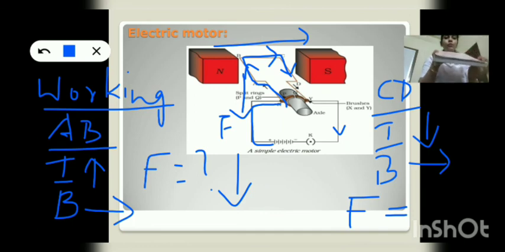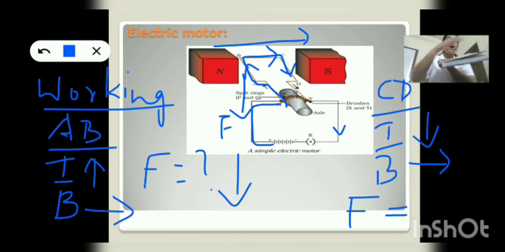At the same time, CD moves upwards. So AB moves downwards and CD moves upwards. As a result, the rectangular coil will rotate like this. Our rectangular coil will rotate like this.